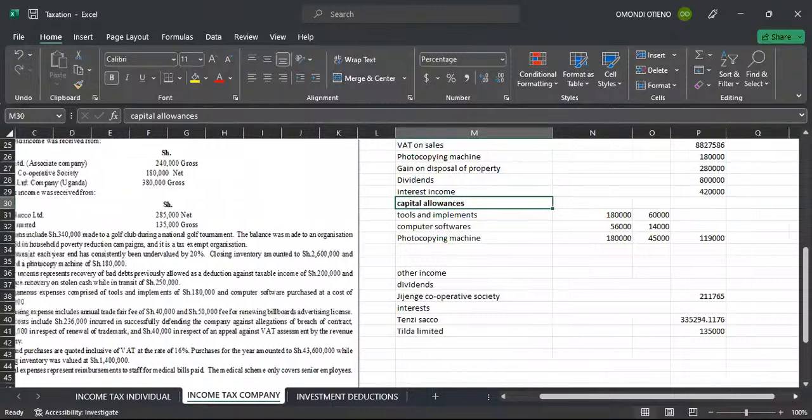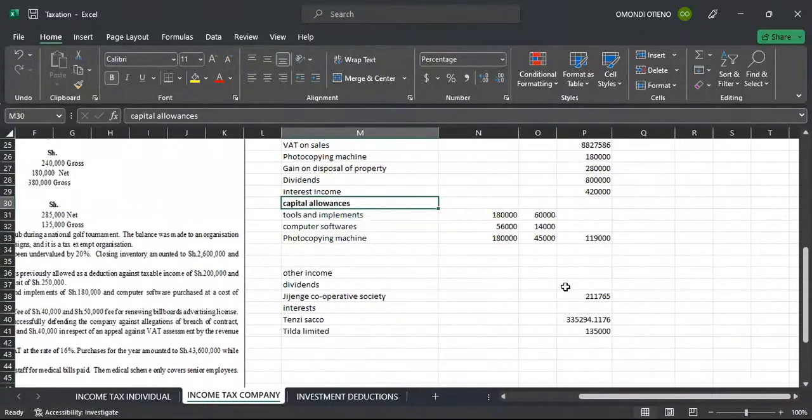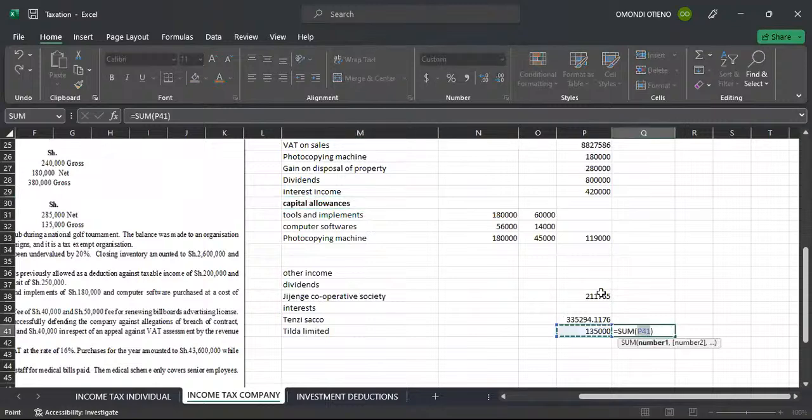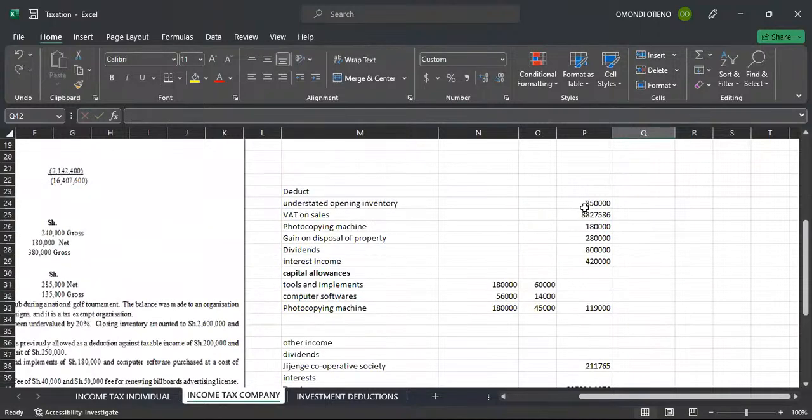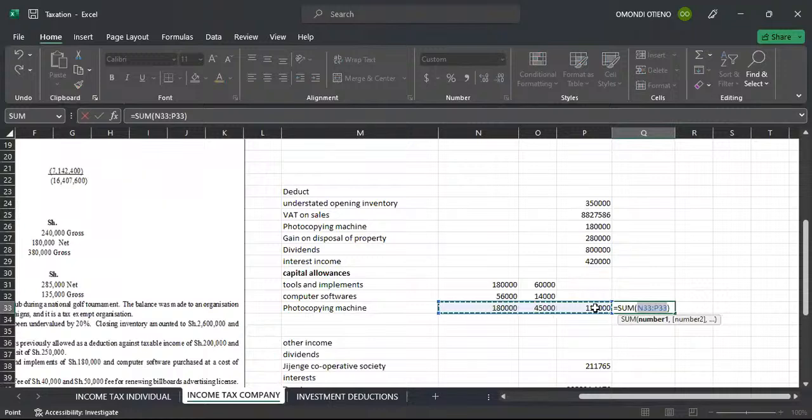So once we have this, we can get the summation of other income in this column here. We add these three. All these items here were being deducted. So we deduct, and we get all these figures deducted.